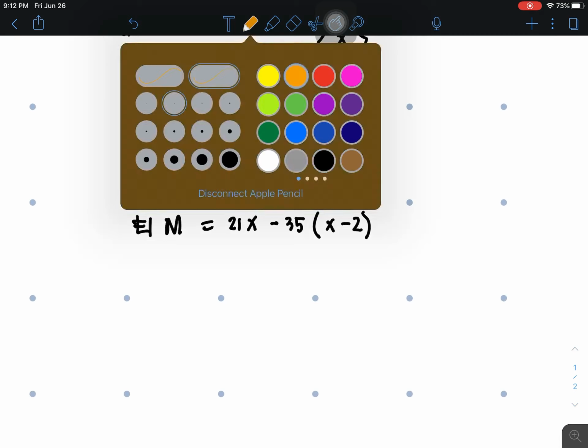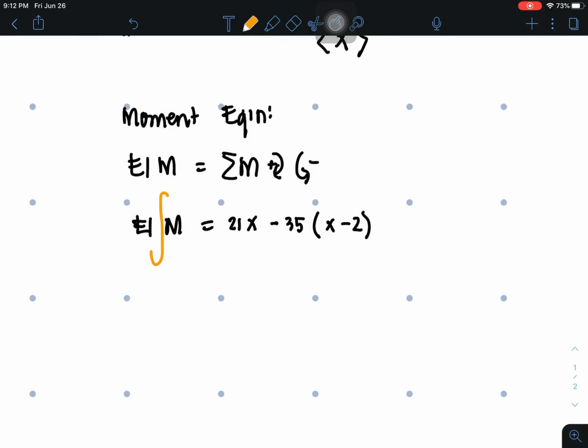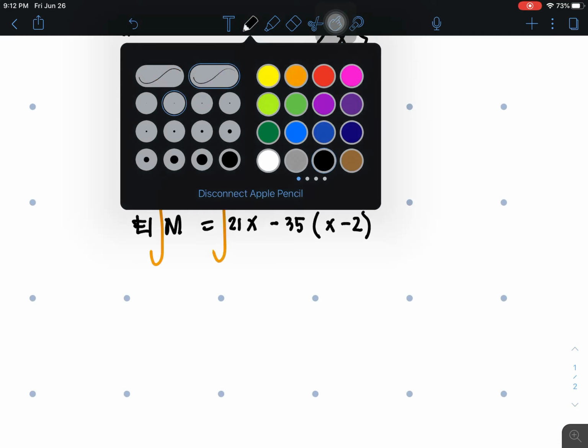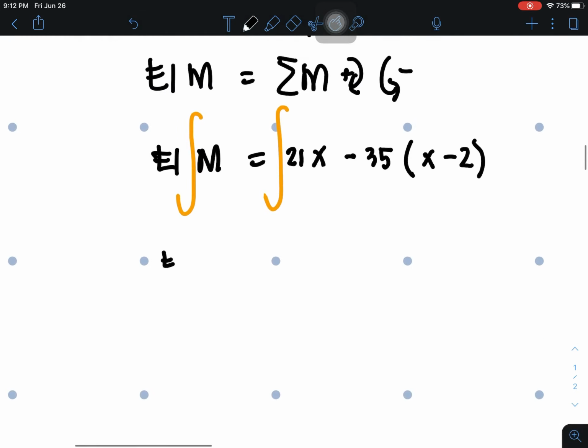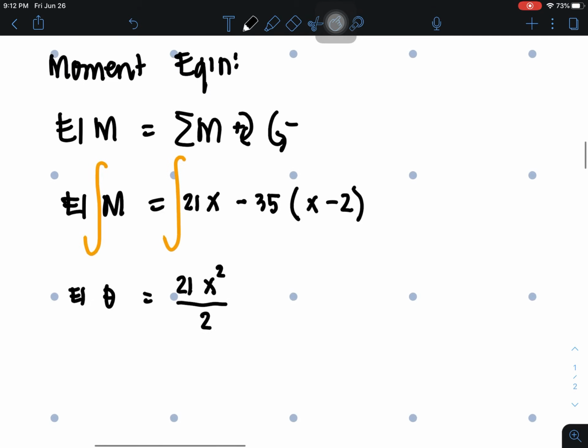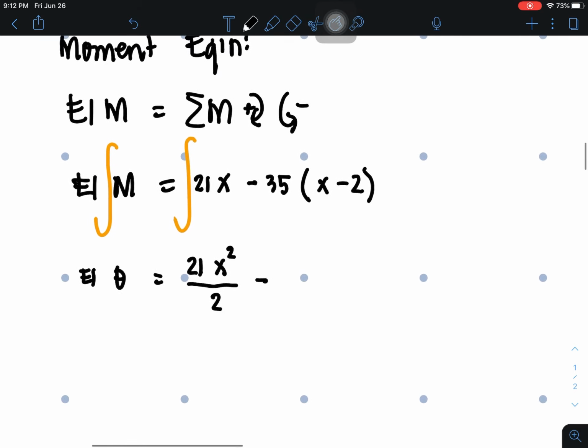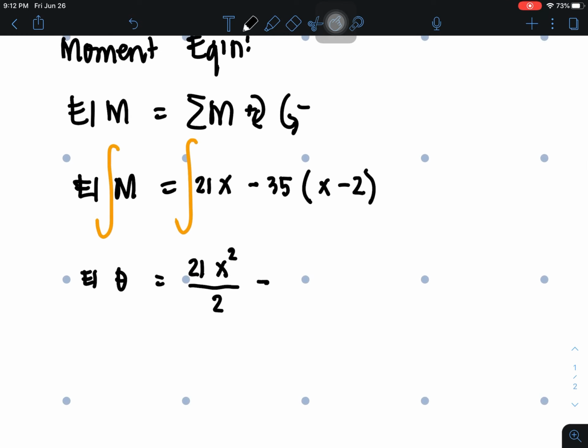So we proceed, and we're going to integrate the moment equation. It's going to give us EI of theta, and that is the integral of 21x, that's 21x squared over 2. Then minus this one, 35 times x minus 2. Do not distribute it, that is wrong, because that is not a binomial. That is not a function of a binomial, but rather it is a function of its moment arm.